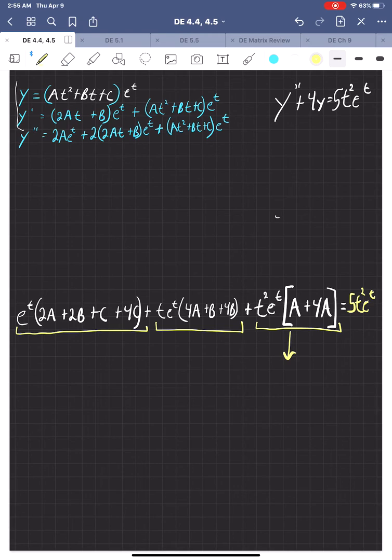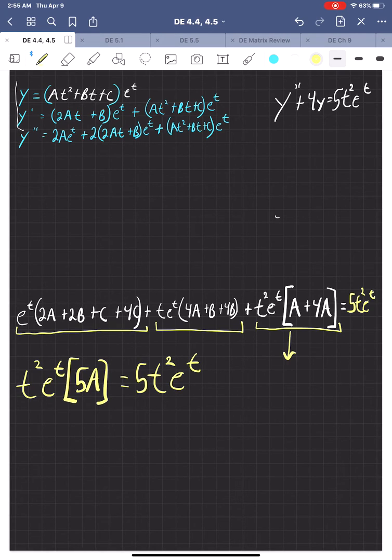So let's think about the t squared e to the power of t multiplied by a plus 4a. I'm going to go ahead and write that as 5a. So times 5a. And now let's take a look and say that must equal 5t squared e to the power of t.